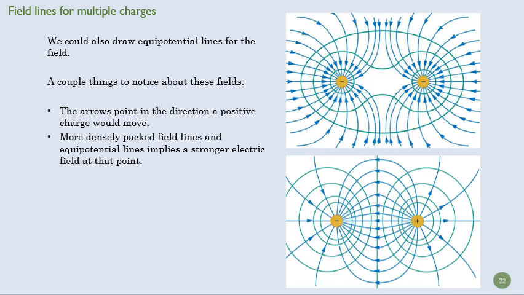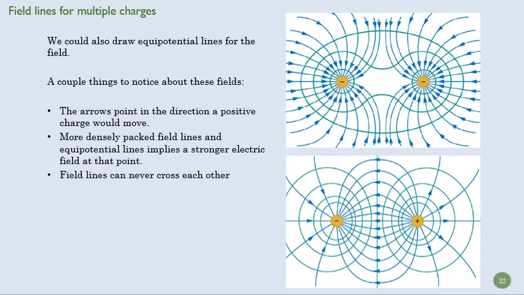More densely packed lines, both equipotential lines and the force lines too, imply a stronger electric field. Okay, so as we spread out here and those force lines get farther away, that means that field isn't as strong there. And so the forces are going to be smaller. The forces right in here are going to be very strong.